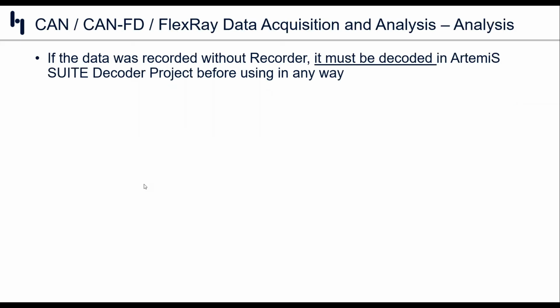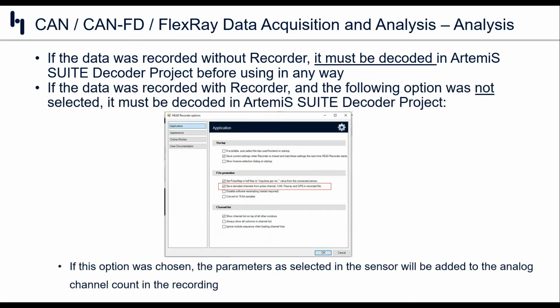If the data was recorded without recorder, it must be decoded in the Artemis Suite Decoder project before using it in any way. If the data was recorded with recorder and the following option was not selected, it must be decoded in the Artemis Suite Decoder project.